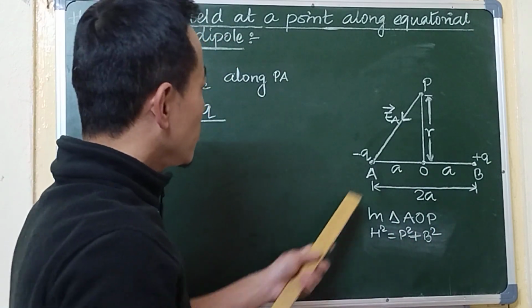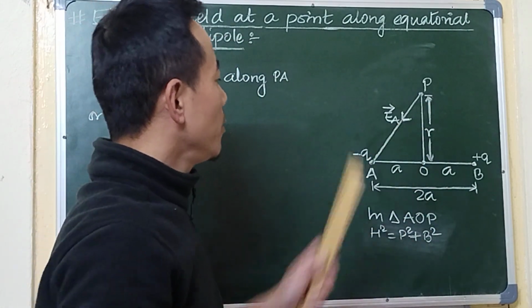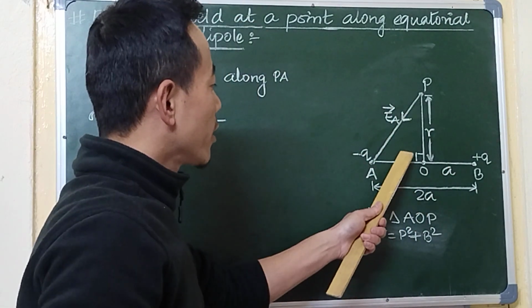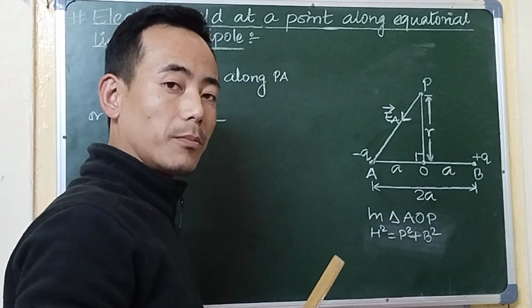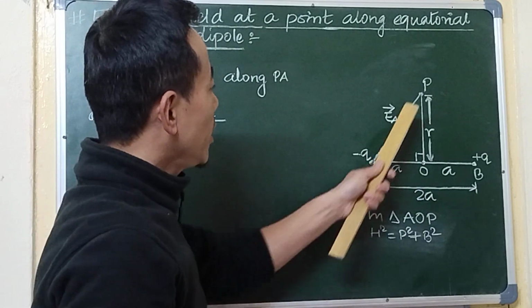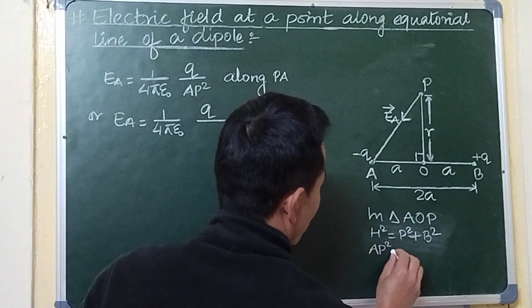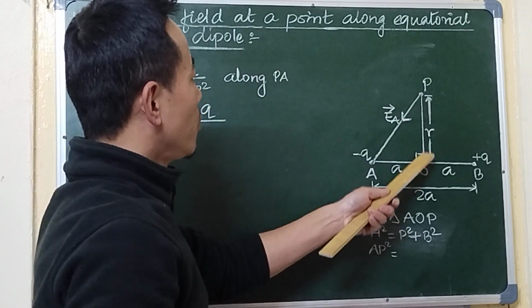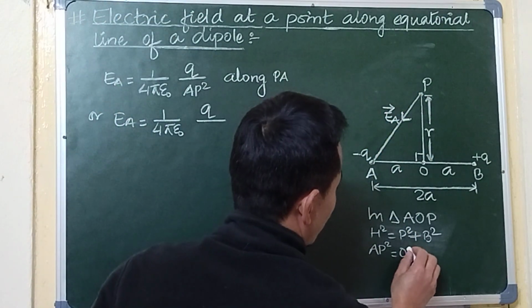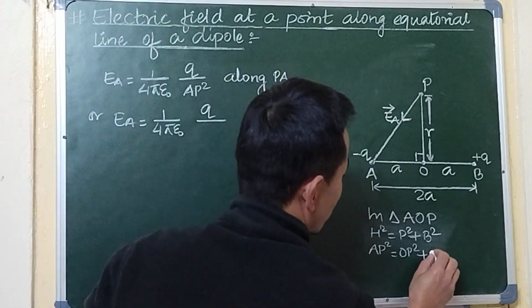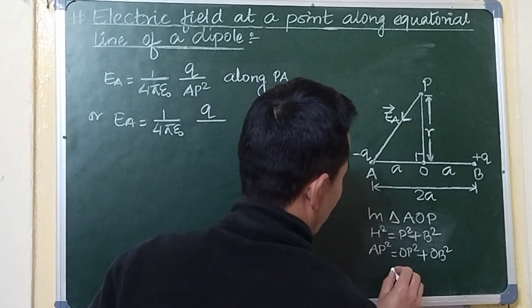So in this triangle AOP, this is a right angle triangle as I said. So in this right angle triangle we are applying the Pythagoras theorem. So in this triangle AP, which is the longest side, will be the hypotenuse. So we have AP square. Perpendicular will be OP. So we have OP square here, and OA will be the base. So we have OA square.